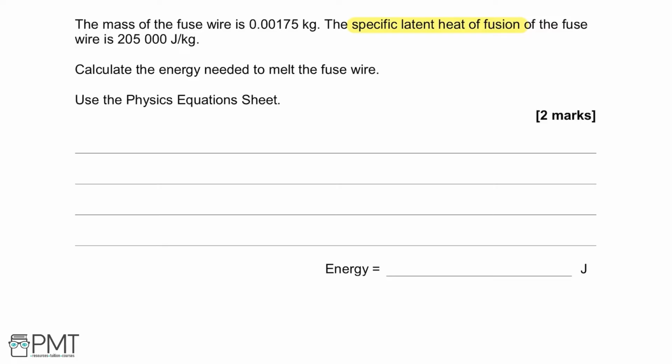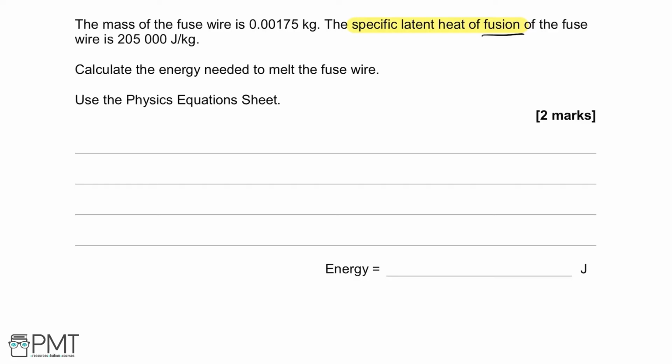The specific latent heat of fusion is the amount of energy required to change the state by melting or freezing when the material is already at its melting point. But again, as I said, it wouldn't change the temperature.